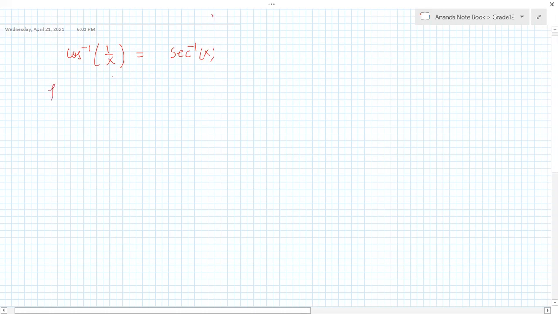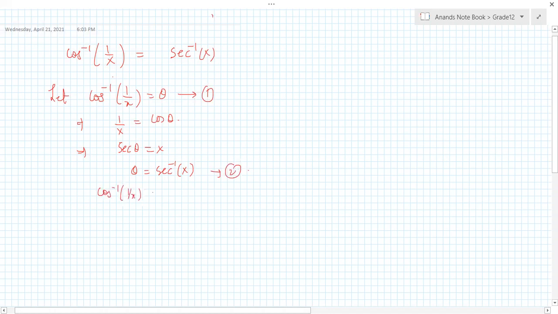Sure, sir. Let cos inverse of 1 by x equal to theta. Then cos theta is equal to 1 by x. Very good. And then secant theta is equal to x, and theta is equal to secant inverse of x. From your first condition and your last condition, you get that cos inverse of 1 by x is equal to secant inverse of x. Hence proved. Very good.